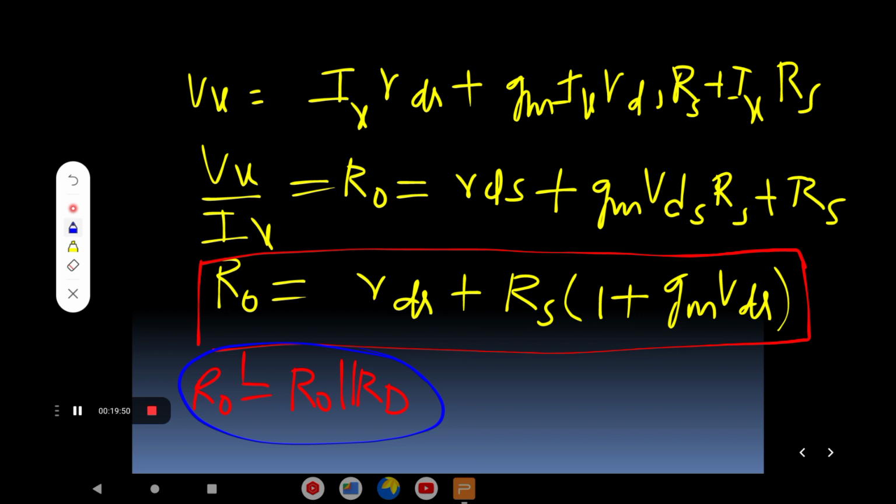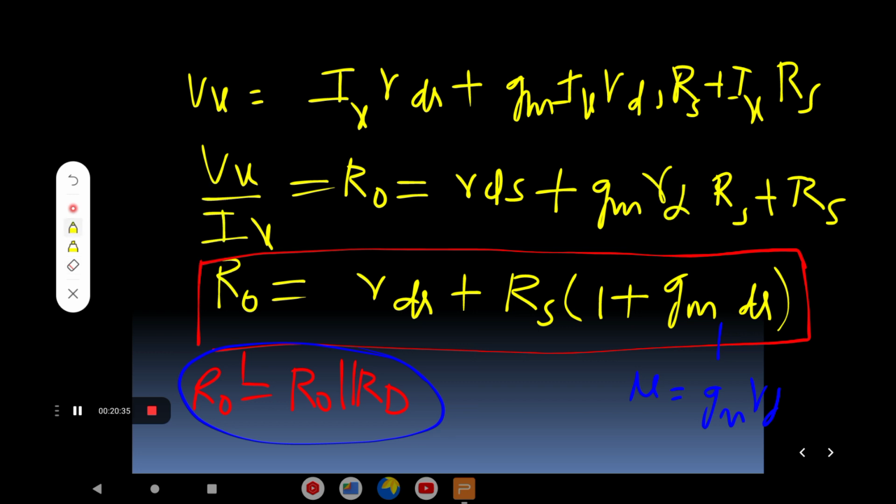At the same time, I will call one name for this one, I will call it mu. So this is nothing but mu is equal to Gm into RDS. Gm into RDS, right? VGS substituting, if your VGS is equal to minus Ix into RS, therefore Ix into RDS, okay, RDS only, not VDS.